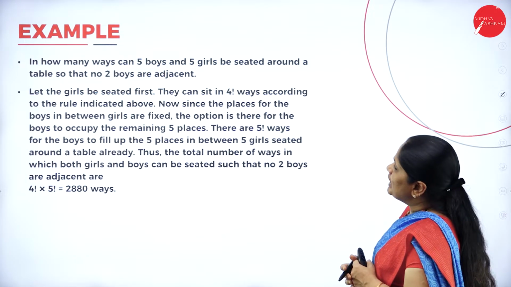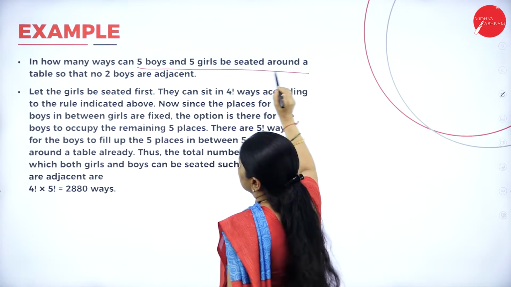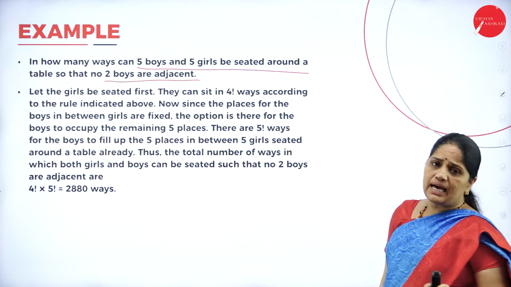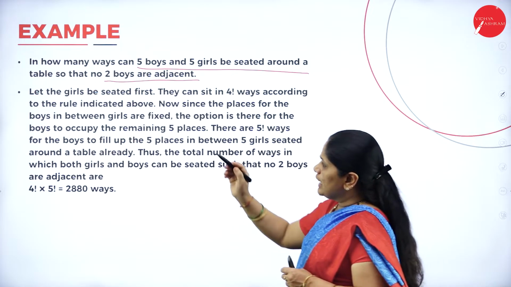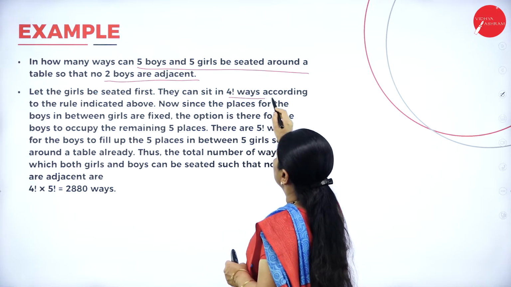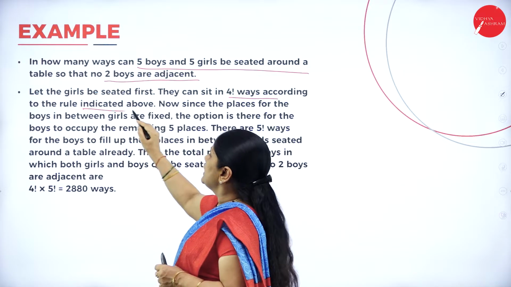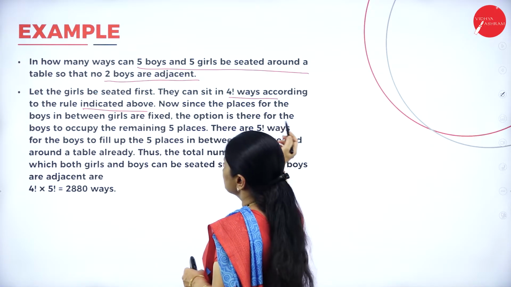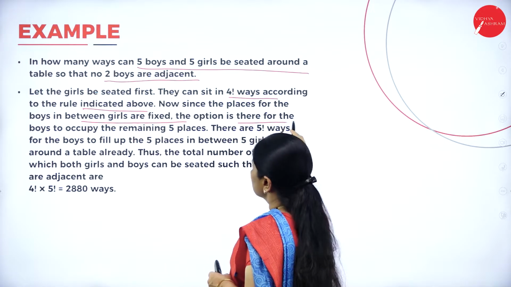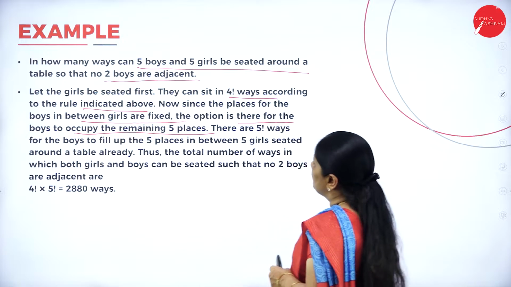Now, in how many ways can 5 boys and 5 girls be seated around a table so that no 2 boys are adjacent? So, let the girls be seated first. They can sit in 4 factorial ways according to the rule indicated above. Now, since the places for the boys in between girls are fixed, the option is there for the boys to occupy the remaining 5 places.